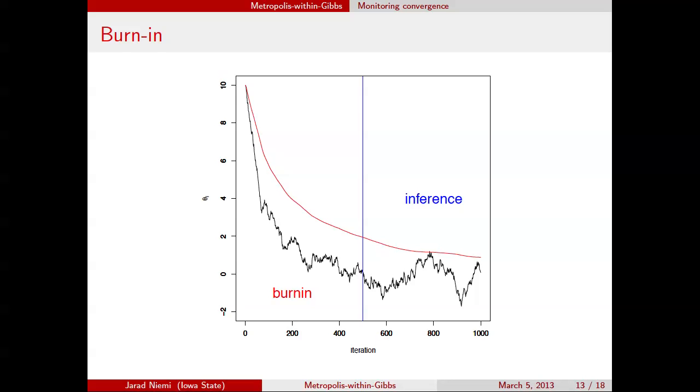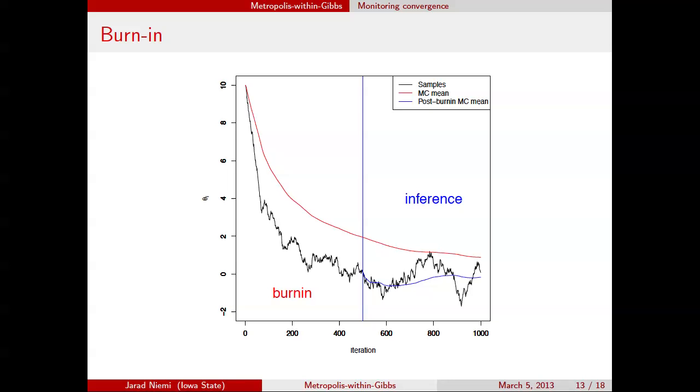What we see here is that even at time point 1,000, you have some bias associated with the fact that you started up here at 10. If you drop all the burn-in iterations and just use those post-burn-in, this is what you get. You get some wobbliness, but it's centered around the true value. This is after only 500 iterations, because we've only used the post-burn-in iterations. The other line uses all the iterations, but it's biased because of where we started.